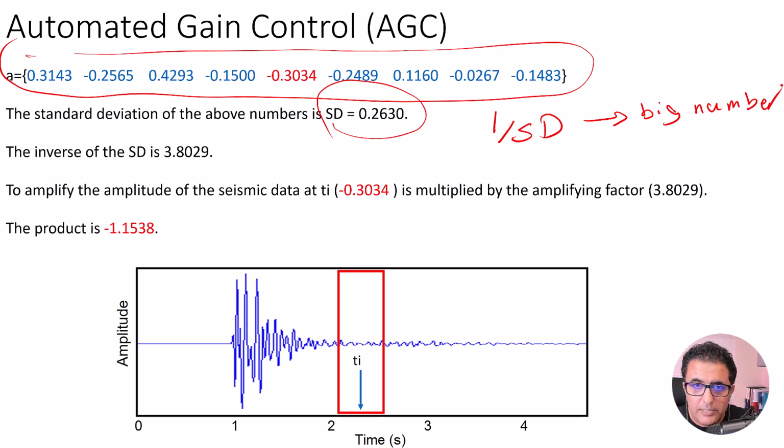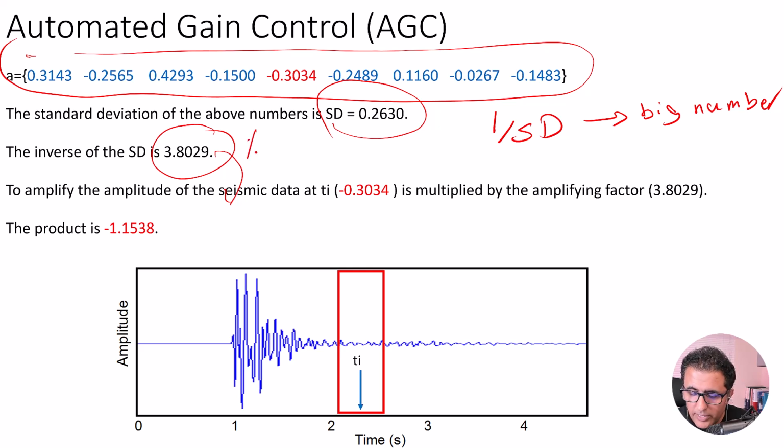And that big number can be considered as an amplifying factor. For example, here the reciprocal of the standard deviation is 3.8, and we may consider this 3.8 as the amplifying factor.